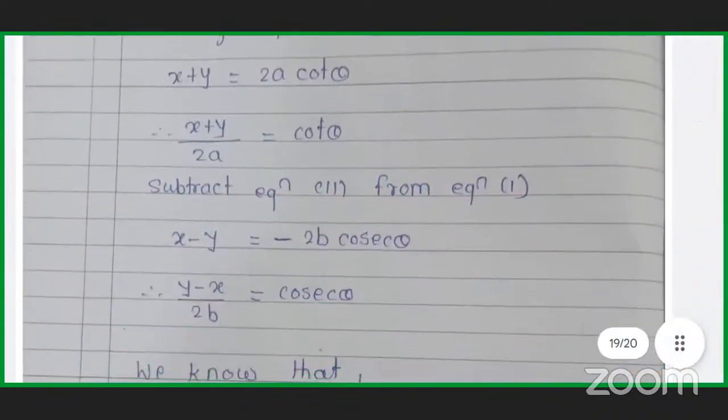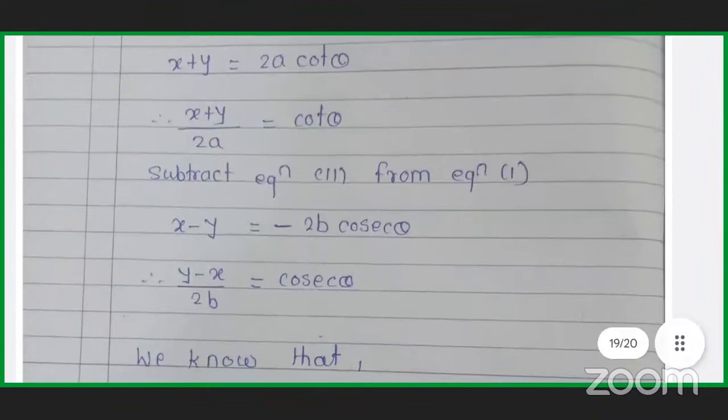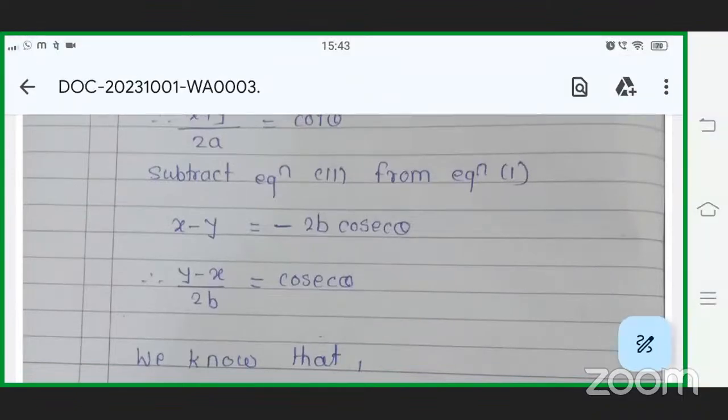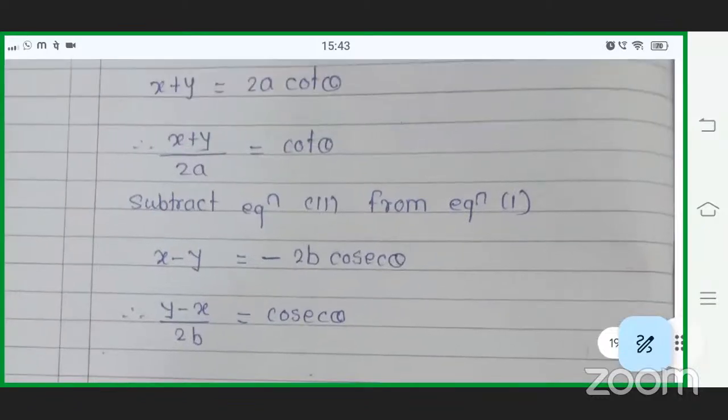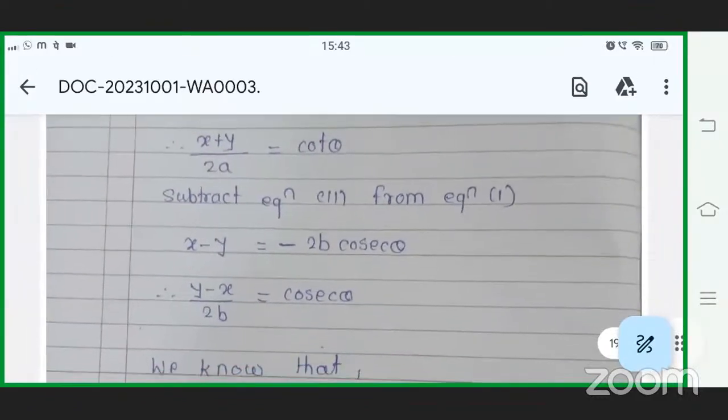So x minus y is equal to minus 2b cosec theta. Shifting minus 2b to the other side, we change the sign, so x minus y is replaced by y minus x. So y minus x upon 2b is equal to cosec theta. So here we get the values of cot theta and cosec theta, correct?